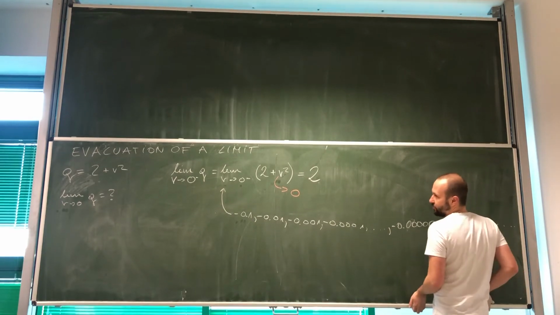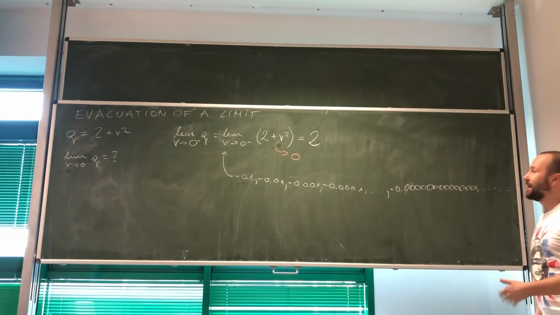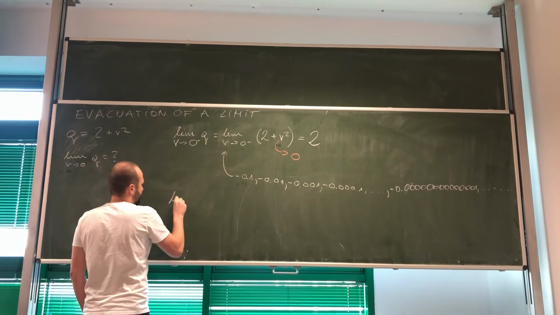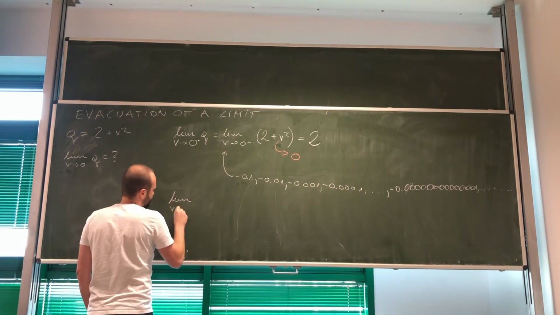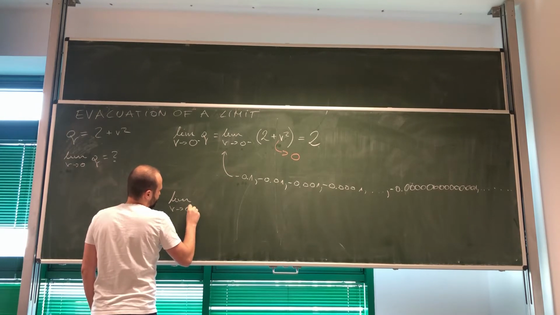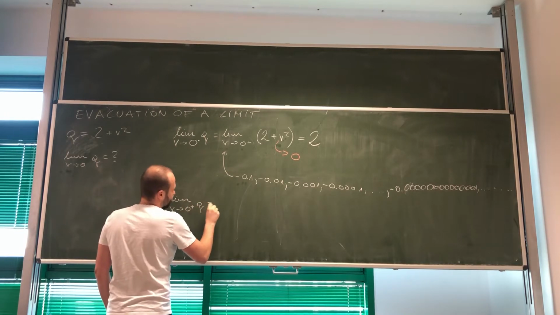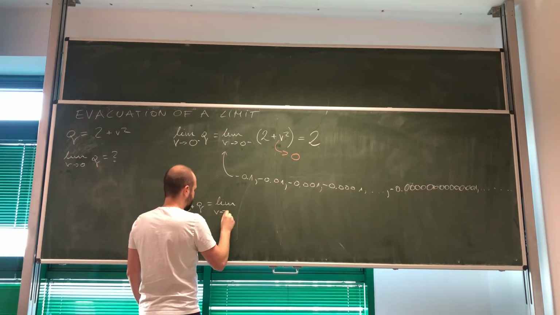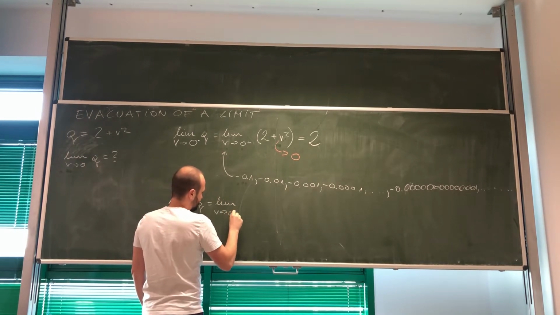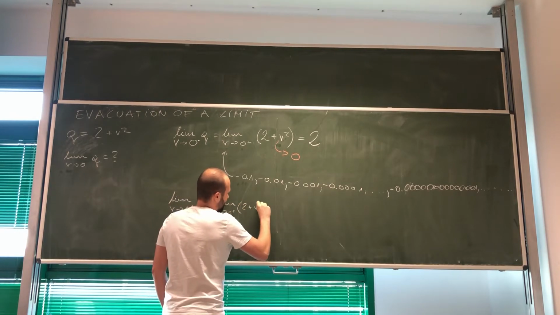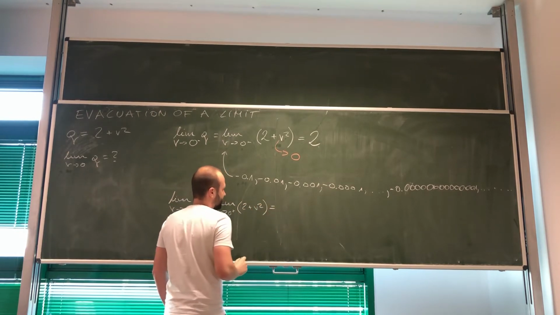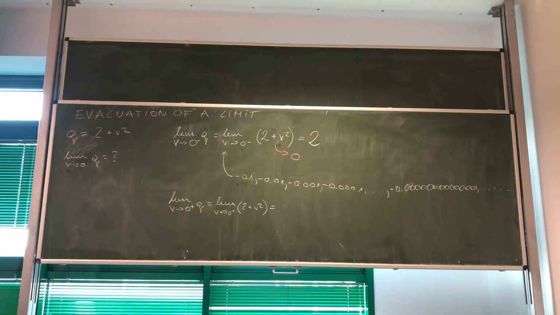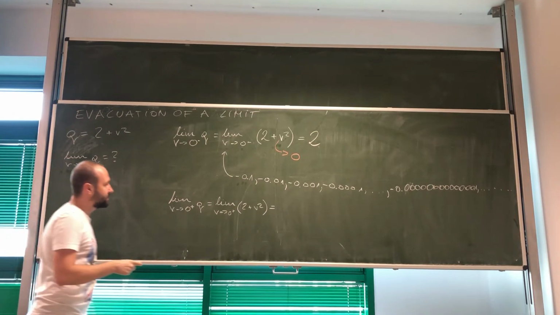Okay, then, of course, we need to evaluate the right-side limit. So we are evaluating the right-side limit for 2 plus v squared. And look, again, we can perform the same mental exercise.